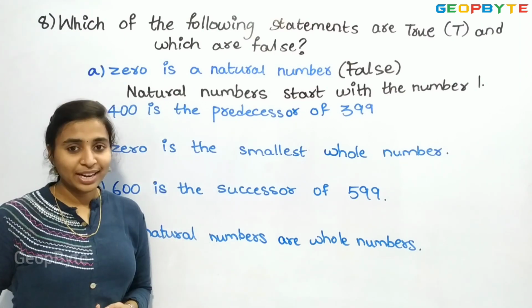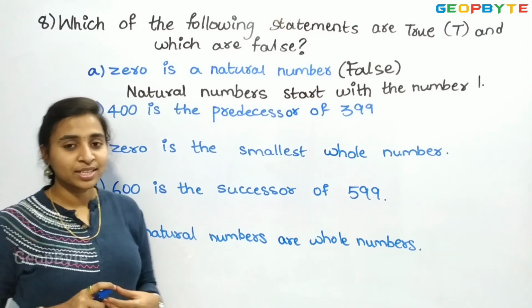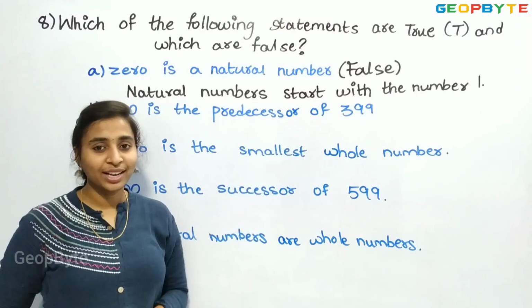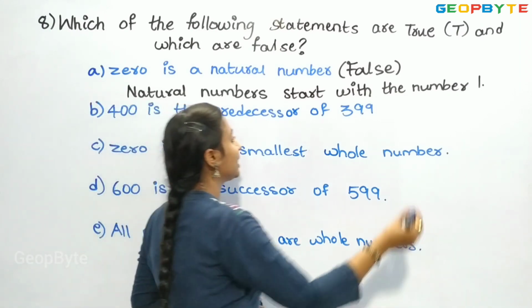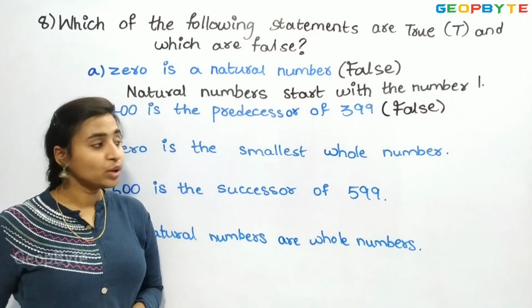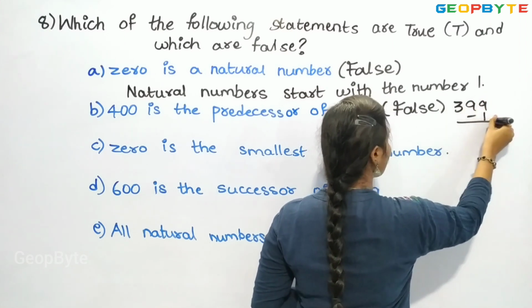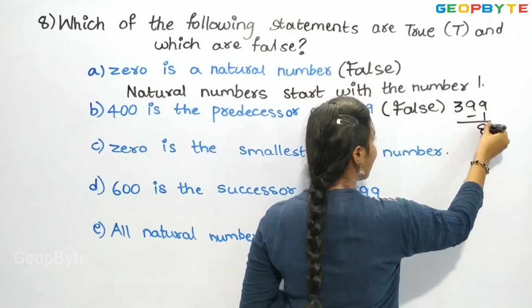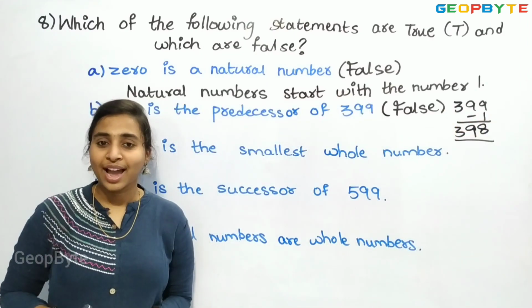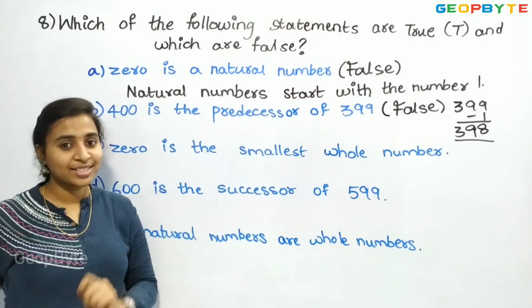400 is the predecessor of 399. See, predecessor means the number before, right? Is 400 before 399? No. So, it is false. If we do 399 minus 1, we get 9 minus 1 is 8, so we get 398 as the predecessor of 399. 400 will be the successor, right?